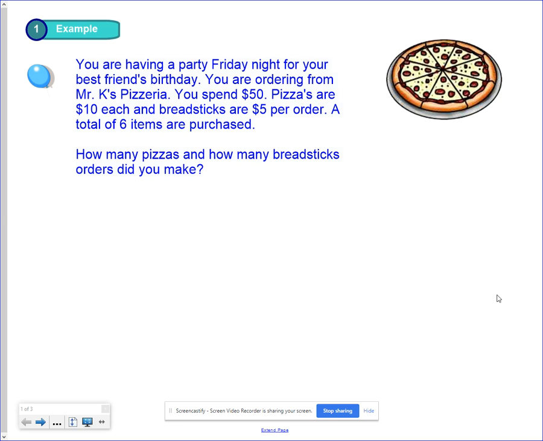So the first step is going to be to define our variables. You can take any variables you want. I'm just going to pick X and Y. So what do I know? I don't know how many pizzas I ordered. I don't know how many orders of breadsticks I ordered. So we'll let X equal the number of pizzas ordered.